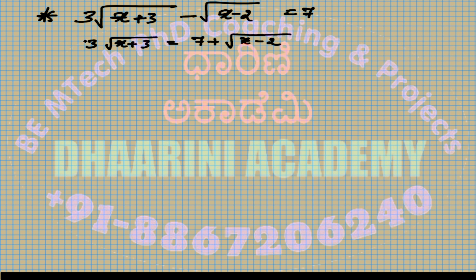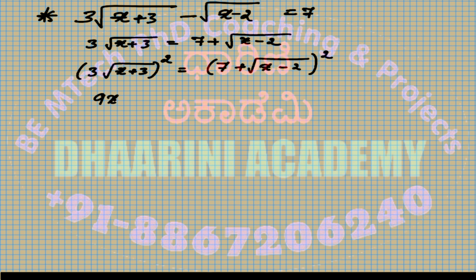Right. So squaring, I'm going to get 3 times root of x plus 3 whole square is equal to 7 plus root of x minus 2 whole square. So this 3 square is 9 and root of x plus 3 becomes simply x plus 3. So 9 into x plus 9 into 3 is 27 equals to, so this is a plus b whole square, right?